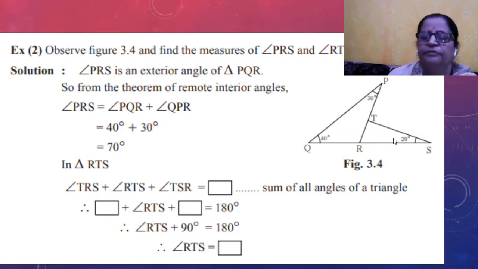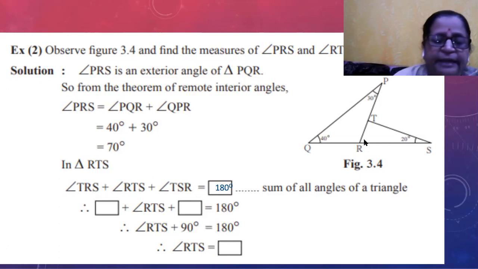The sum of all the angles of this triangle is 180 degrees. Angle TRS here is 70 degrees, isn't it? And this other angle is already given as 20 degrees.